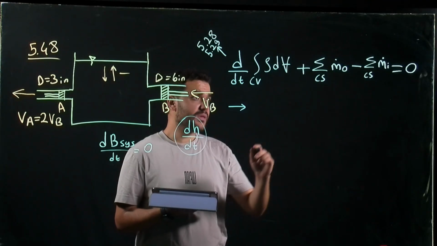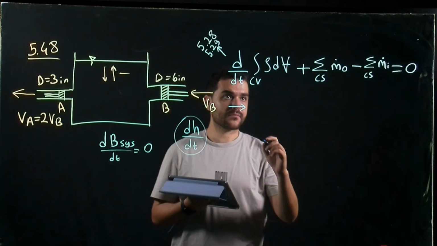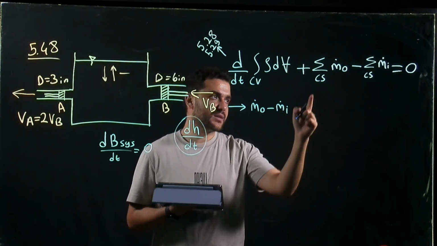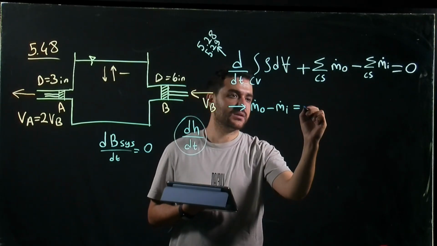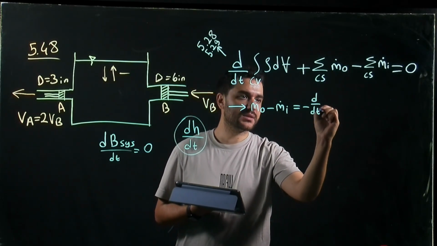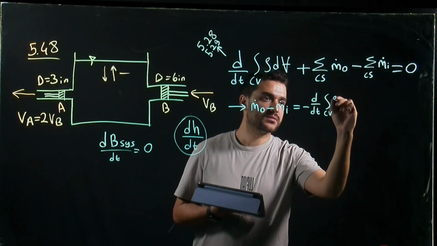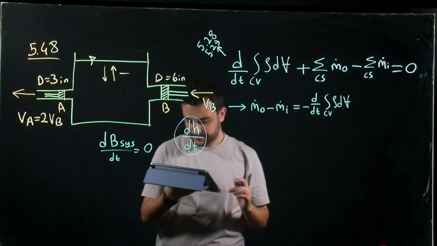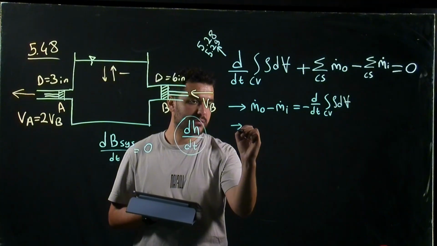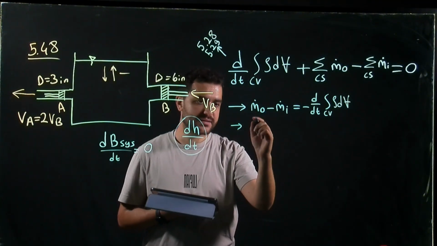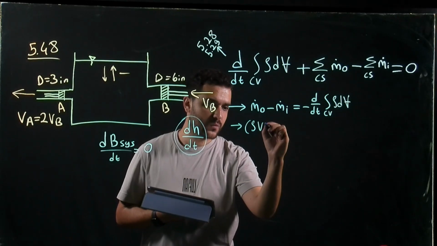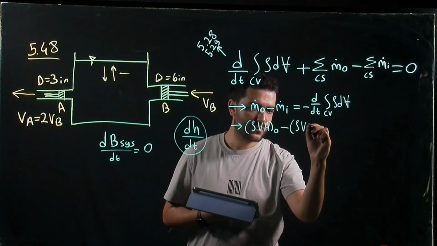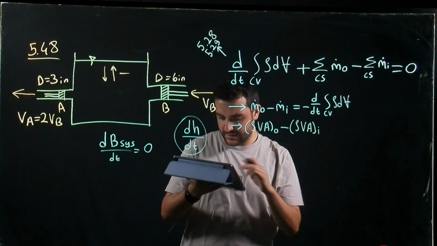Okay, so let me write what we have. We have out, we have in, and this will be equal to minus d over dt of rho d volume, and the mass flow rate is rho v area, but this time for in.